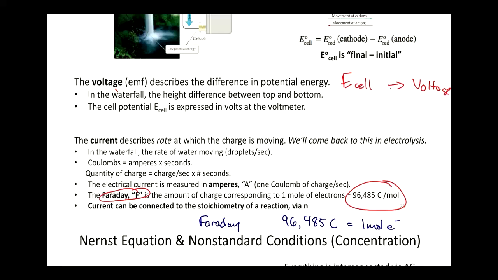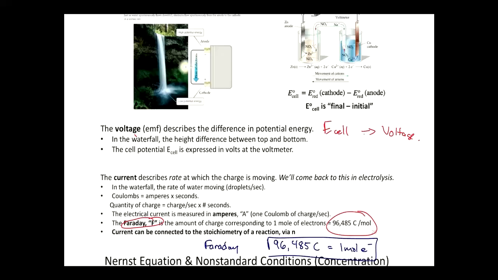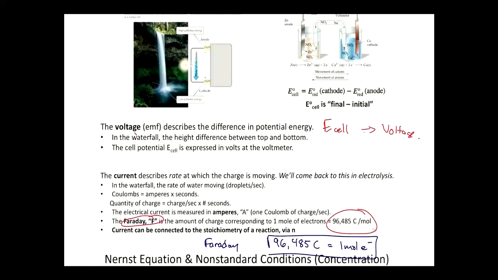Or if you know how many electrons you want to deliver, you can convert that to the amount of charge you have to deliver to a reaction. Recognize that this is the conversion factor that comes from Faraday's constant. That'll be very useful coming up, and it's present in a couple of equations that we'll be using in a little bit. Faraday's constant is given to you, and it's related to the current of that reaction.